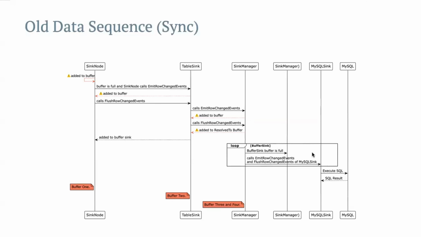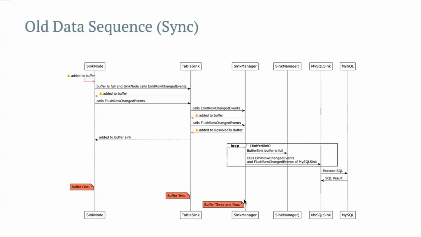Finally, the MySQL sync converts the row events to SQL and then sends them to the MySQL server and executes it. As you can see, this process is quite complex, and there are several buffers involved. The first one is from the sync node, and the second one from the table sync.